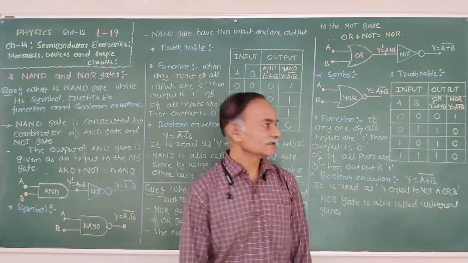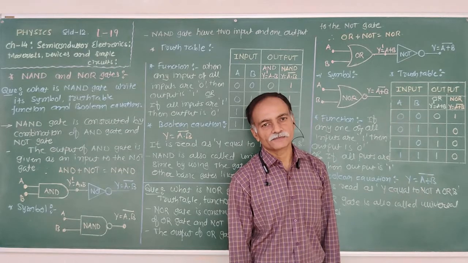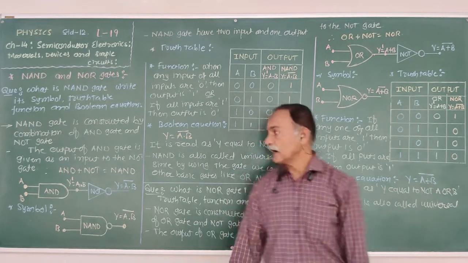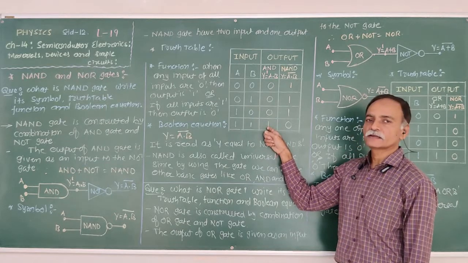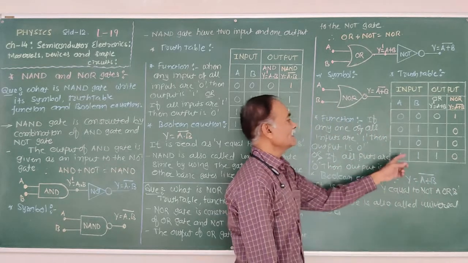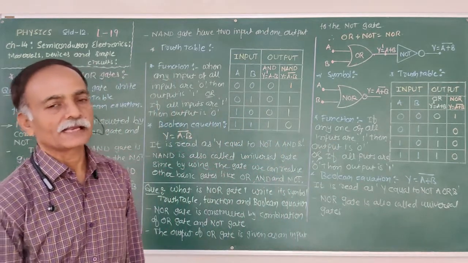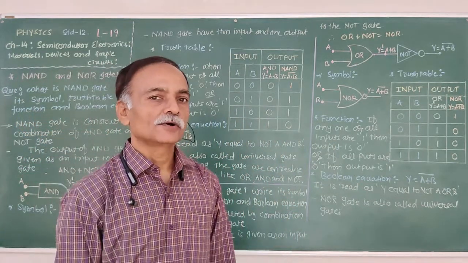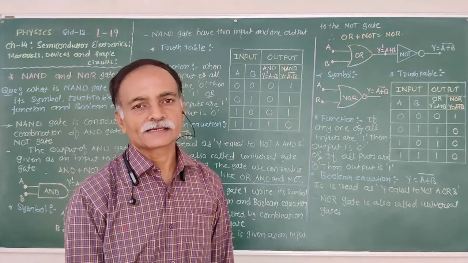Or in other words, if all inputs are 0, output is 0. While in the AND gate, if all inputs are 1, output is 1. While in the OR gate, if all inputs are 0, output is 0. That means 0, 0, 0 for the OR gate, and 1, 1, 1 for the AND gate.